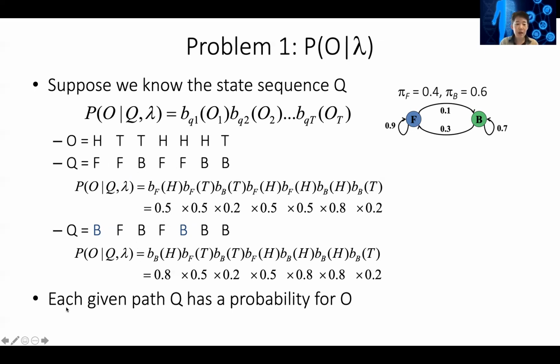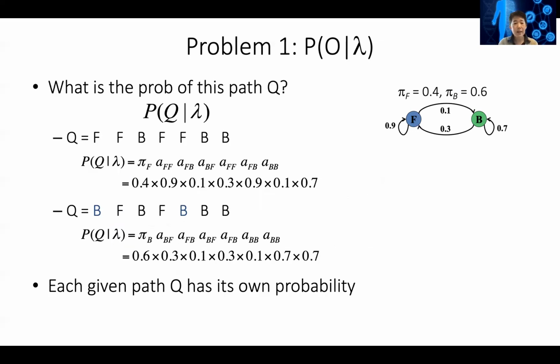So you can see, given each path, you can easily calculate the probability using the emission probability of the two coins. Then the question is, what is the probability of seeing this path? Let's look at the first path. In order to use this particular order of coins, we say, well, first we have to pick a fair coin. So that's the initial probability of 0.4.